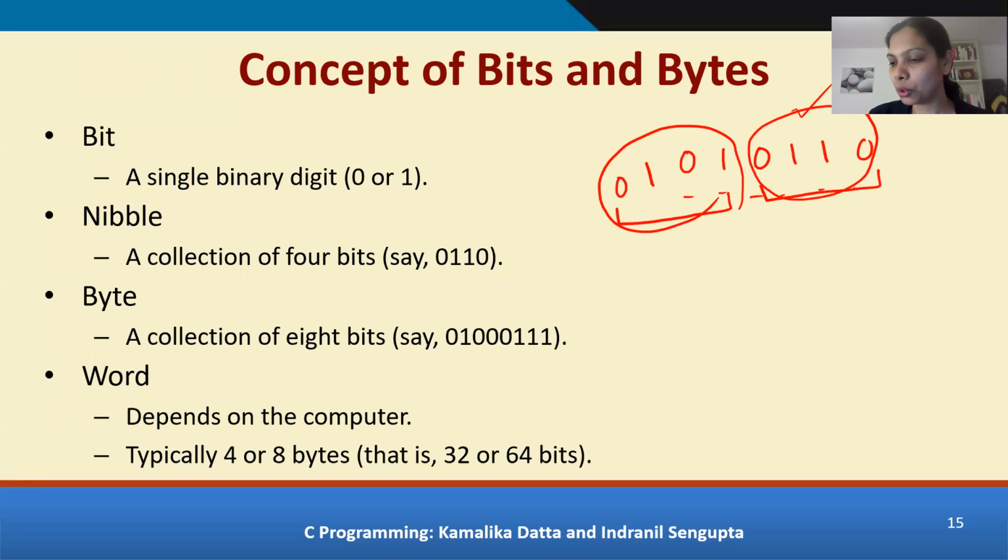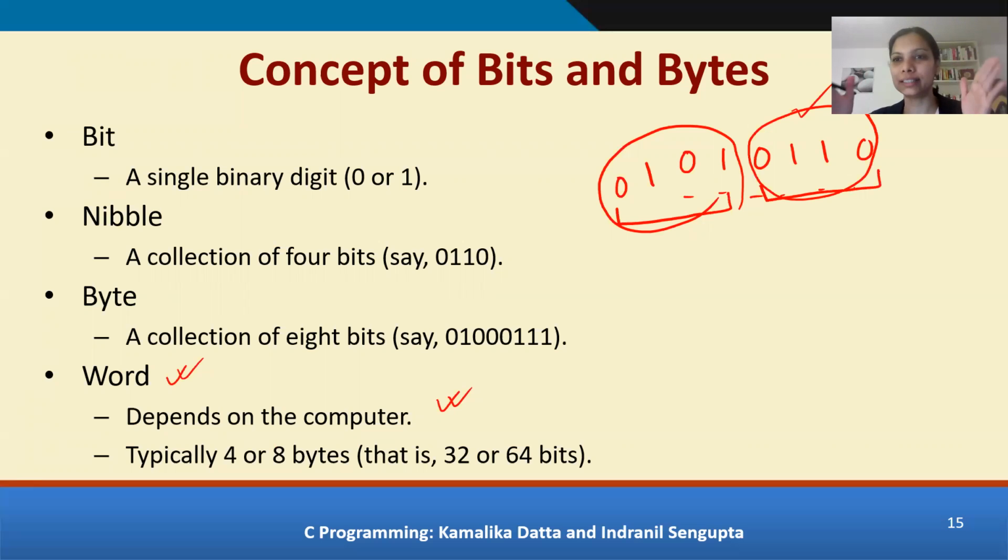Now, mostly this word size depends on the computer. Sometimes you must have heard, it's a 32-bit computer, a 64-bit computer, a 128-bit computer. What does it mean? That means it is a collection of some bytes together, typically 4, 8, 16 bytes.